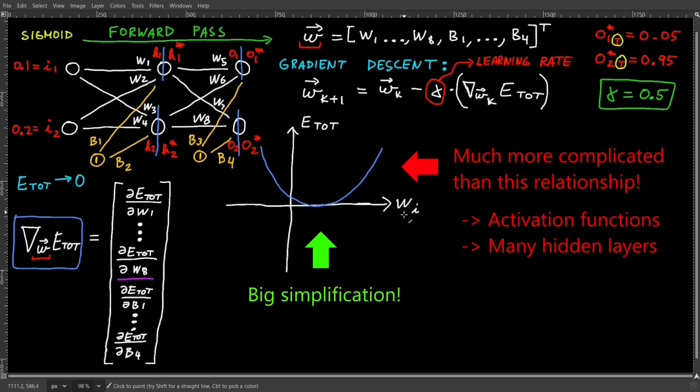However, for intuition purposes, I will assume that the relationship is parabolic, because that way I will still be able to convey the general idea behind this gradient descent method to you. So let's just make this super naive assumption that the relationship between a weight or a bias and the total error is parabolic. It's not the truth, but this video is about intuition anyway.